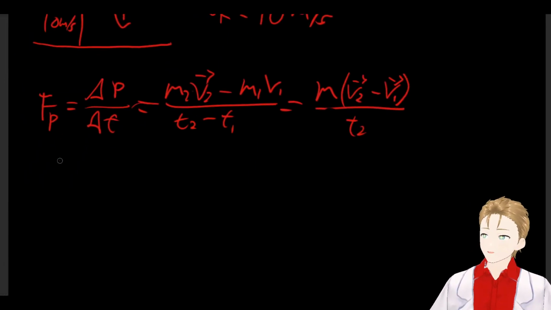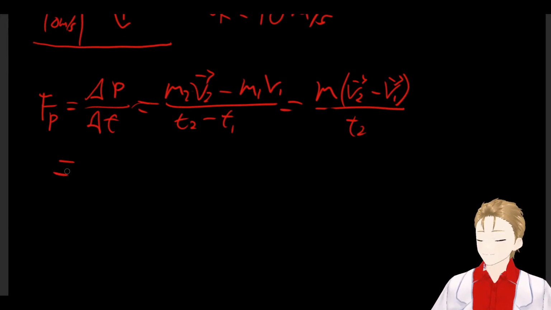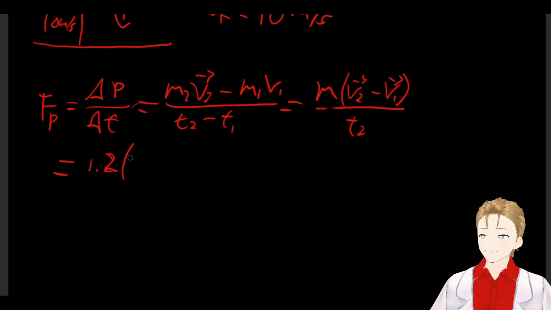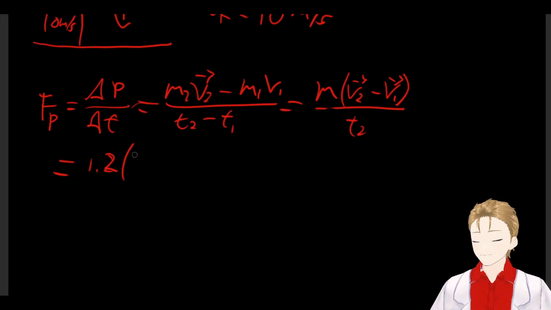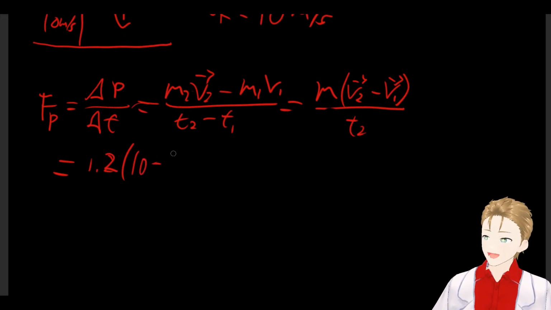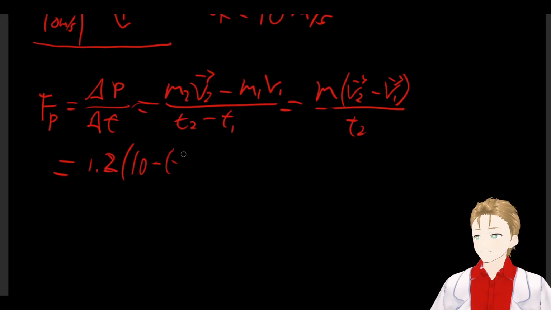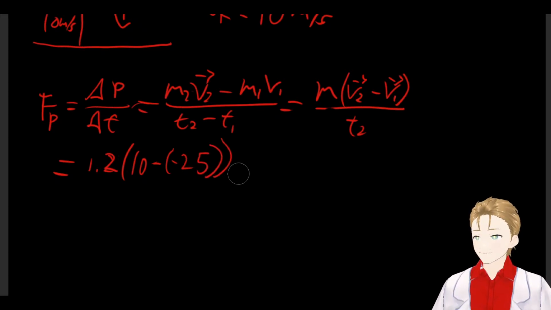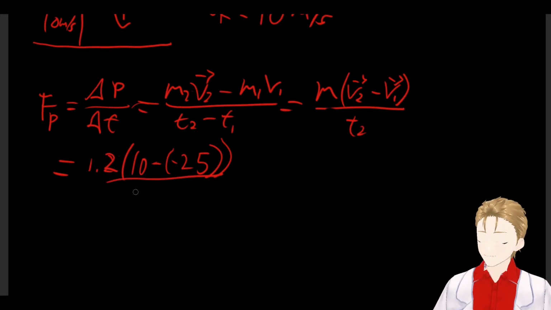And now plugging in some values we get 1.2, wait, no, it's 10 minus 25.